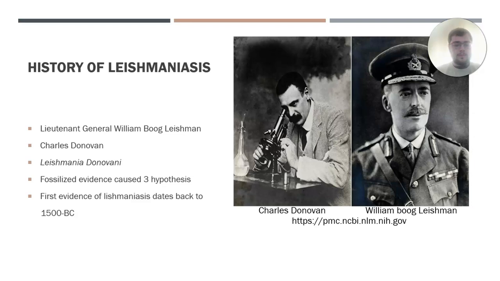fly species. And then the first evidence we have of human infection, at least that we know is Leishmaniasis, is 1500 BC, where they did a DNA test on about 42 mummies' blood and found the DNA of Leishmaniasis.